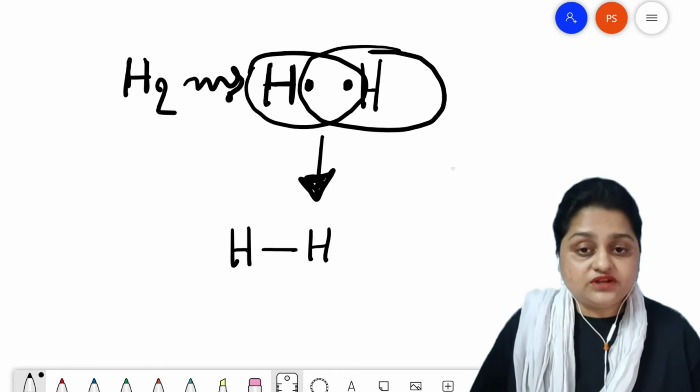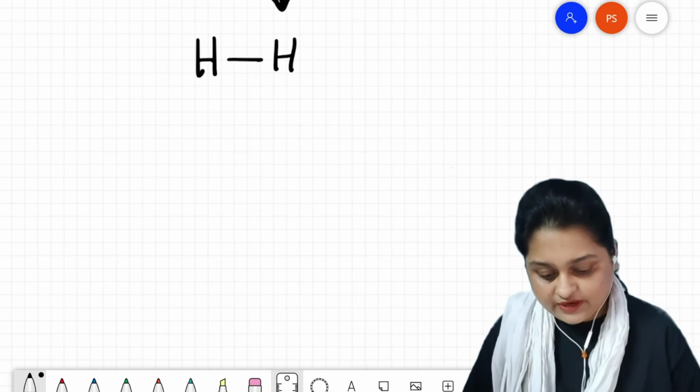Now, there is another type of covalent bond, which is known as the double bond.